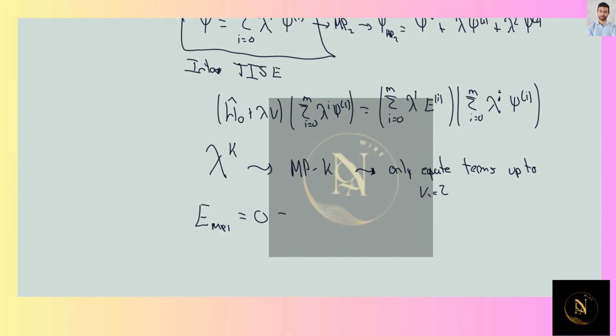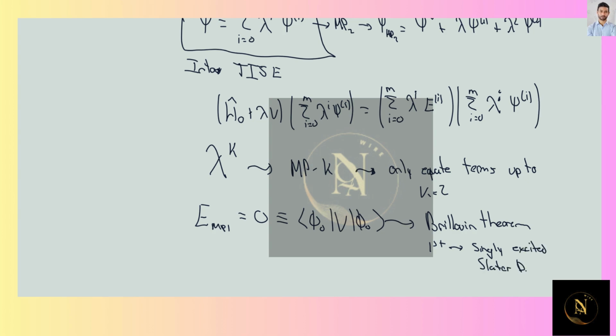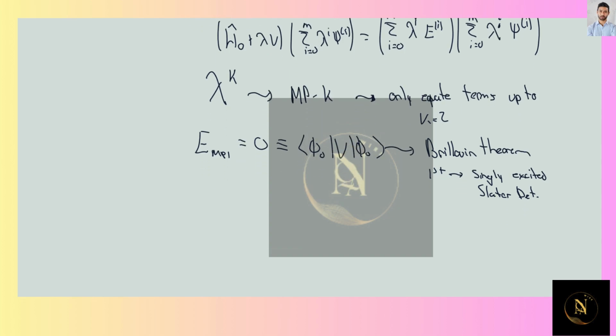This is directly the wave function times the perturbation times the initial wave function that we're going to use, and this is a consequence of Brillouin's theorem, which tells us that first order excitations, meaning singly excited determinants, will not contribute to energy corrections.